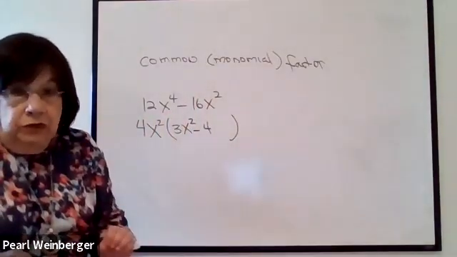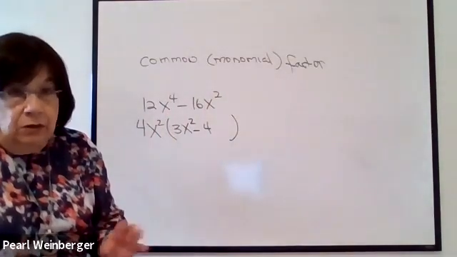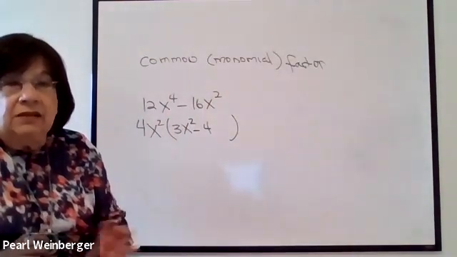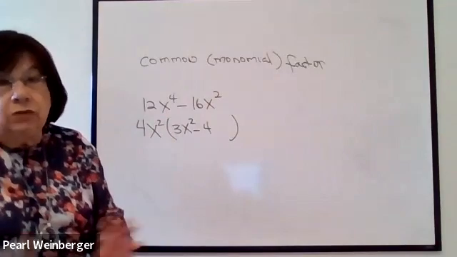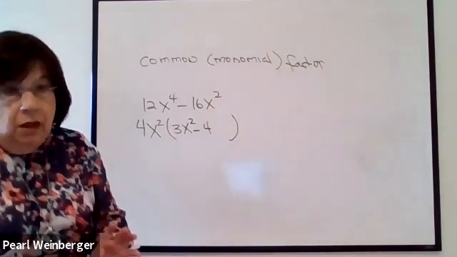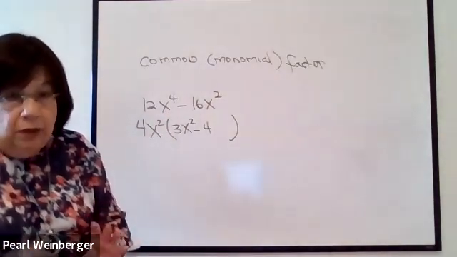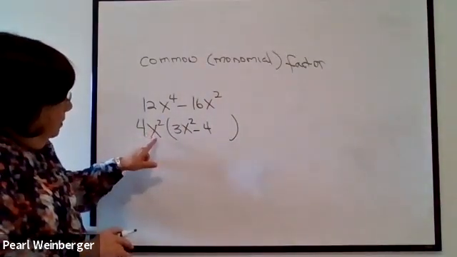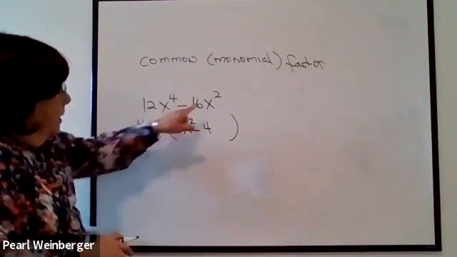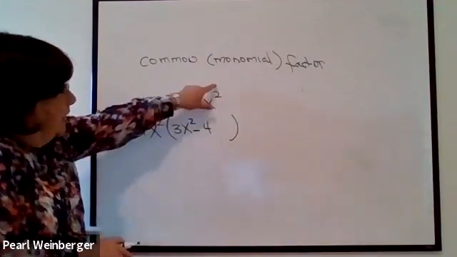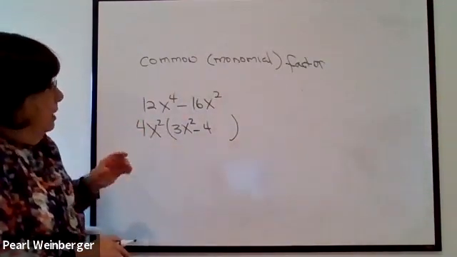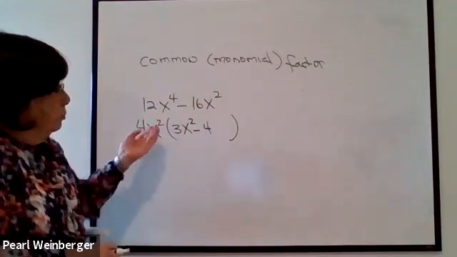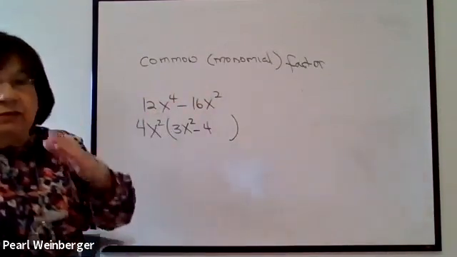Now, an exponent of 0 doesn't mean there's an x there. It means that the x has canceled out. X to the 0 is really just a plain 1. Not a 1x, just a plain 1. So anytime you're dividing a variable by itself with the exact same exponent, like x squared into x squared, it cancels out.